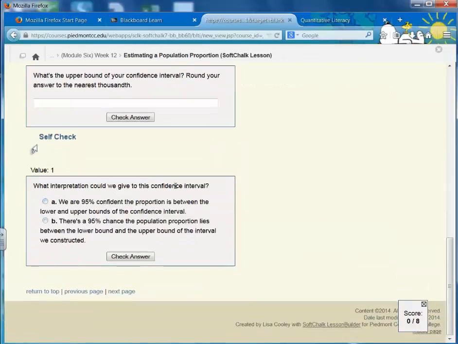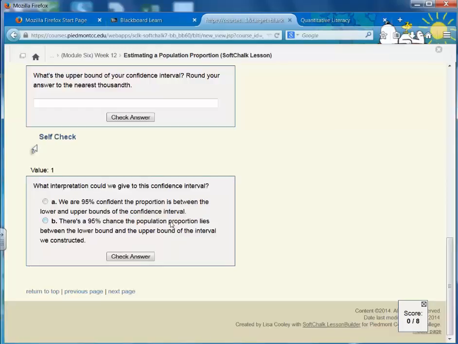Well, for any confidence interval that you're doing, the confidence level tells you how confident you are of something happening. And so the two choices that you have here are: are we confident that the proportion is between the lower and upper bounds of the interval, or is there a 95% chance that the population proportion lies between the two bounds? But the thing to remember here is that the chance that's involved in the process isn't attached to the proportion of the population itself, right?